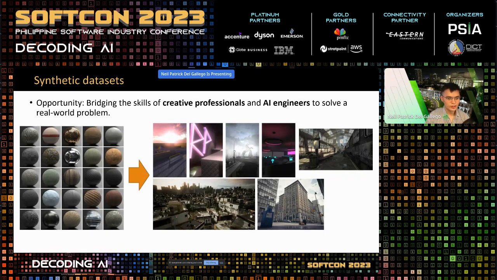So for example, this one, you have these kinds of materials. It would allow you to create photorealistic examples. So this easily solves the problem with large data sets. Kasi everything here could be merely sampled from a pool of pre-existing materials, and it allows you to create more diverse levels or virtual worlds.